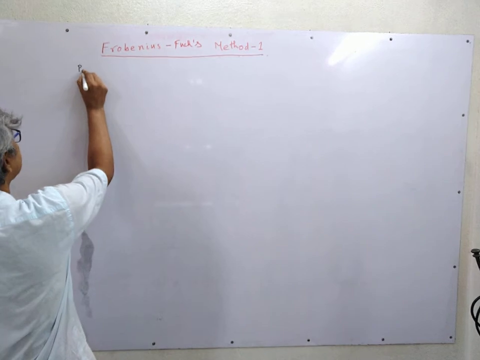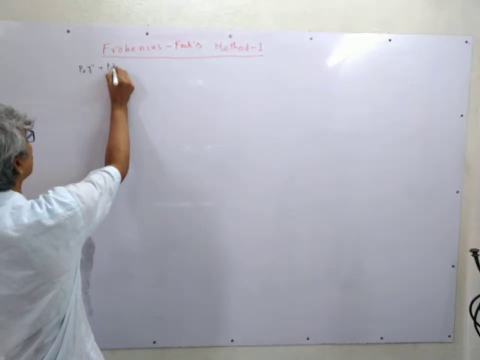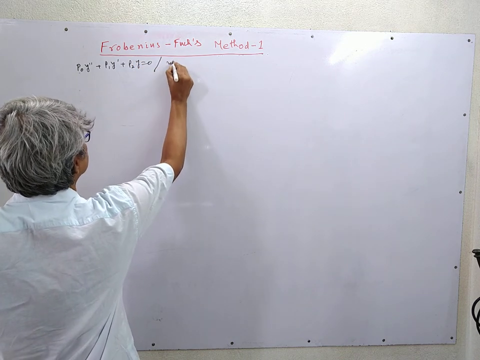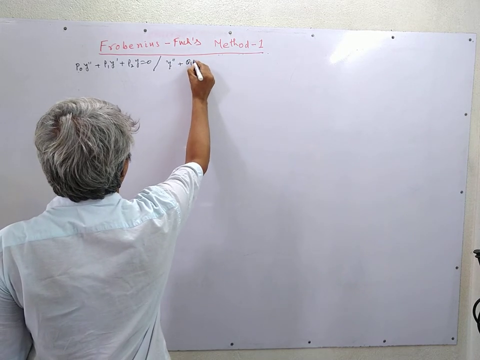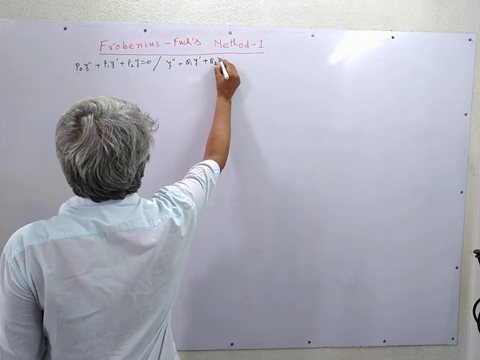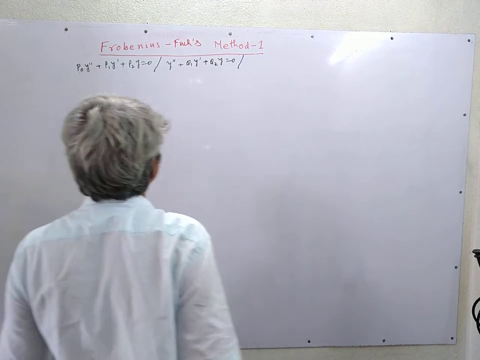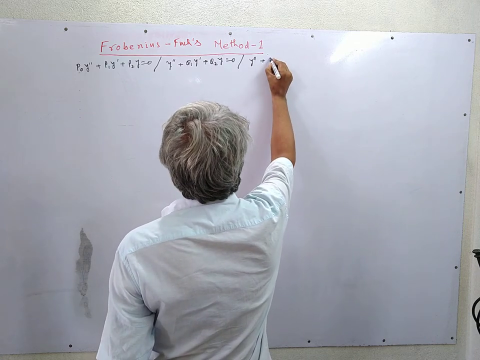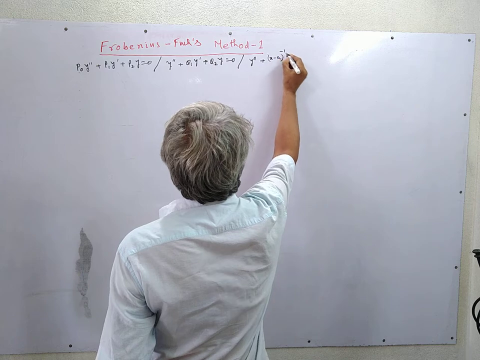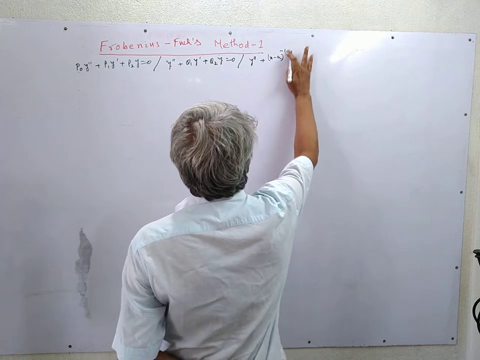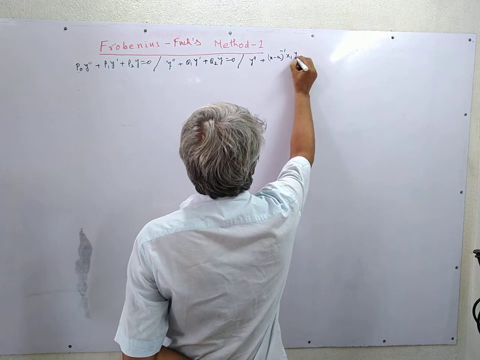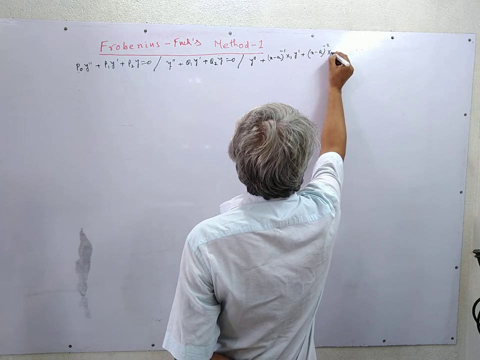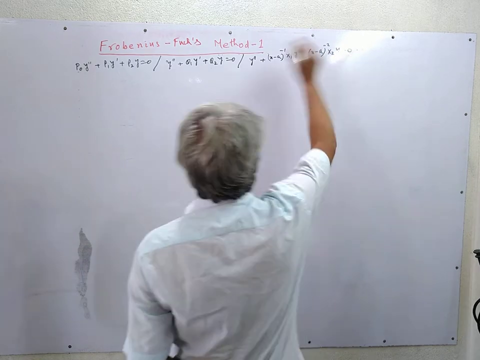So the summary is: P0 y double prime plus P1 y prime plus P2 y is the differential equation, or it may as well be written in the alternative form. Either definition.